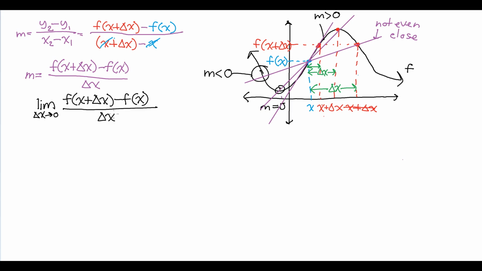Okay? So the limit as delta x approaches 0 of f of x plus delta x minus f of x over delta x will be the slope of f of x at the blue point at x.